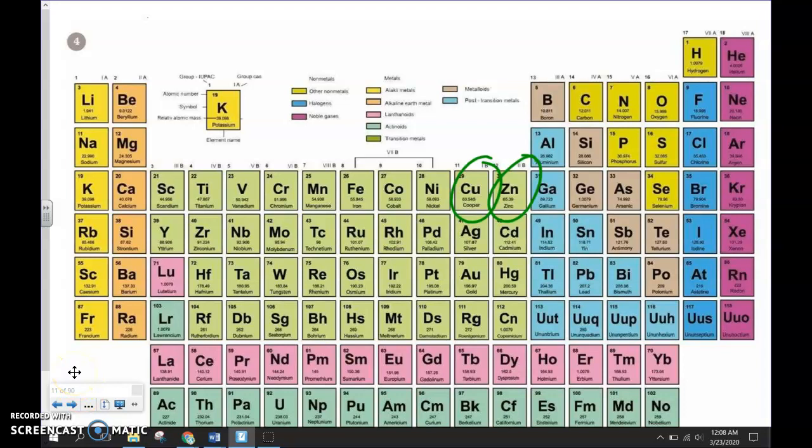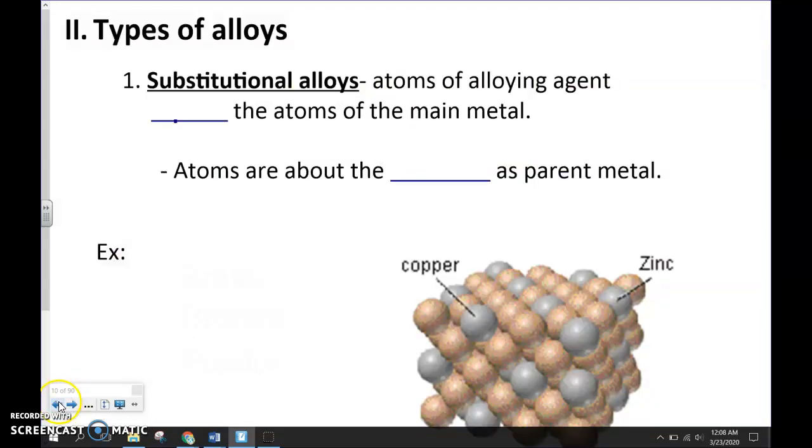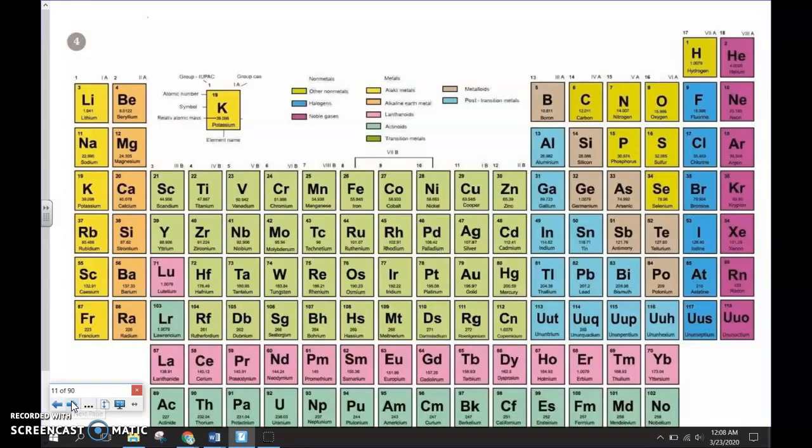They're actually right next to each other on the periodic table, which means the atoms are about the same size. In order for the agent to be substitutional, it should be about the same size as the atom. Otherwise, it's not going to work. So when we talk about brass, copper and zinc are near each other on the periodic table, so about the same size.